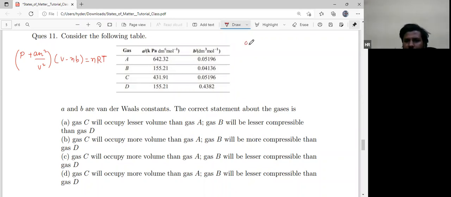Basically, a is directly proportional to intermolecular force of attraction. As you know, with more intermolecular force of attraction, the molecules will come closer to each other. That means volume decreases, isn't it, Mariam? Yes, sir.